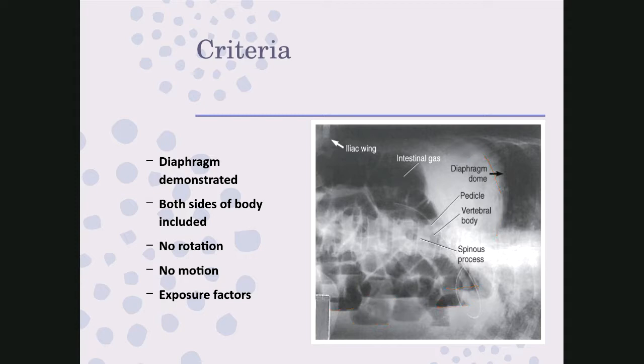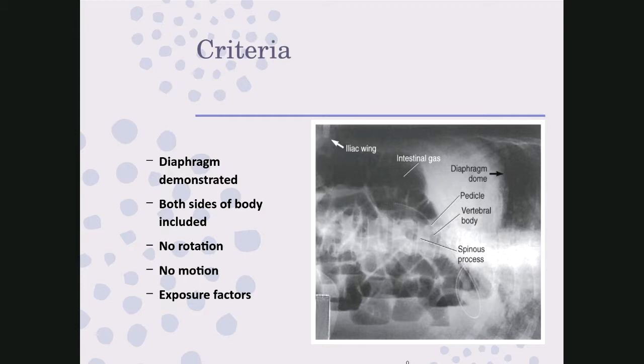So if there was free air, you would visualize that right in here, okay, between the liver and the right hemidiaphragm, because the air would rise, and the highest level that it could rise would be the diaphragm. So typically, you're going to visualize it in that area, if there was any.